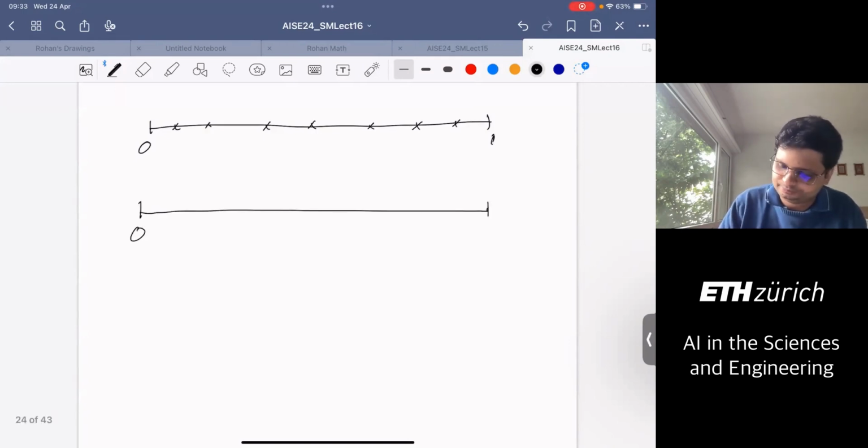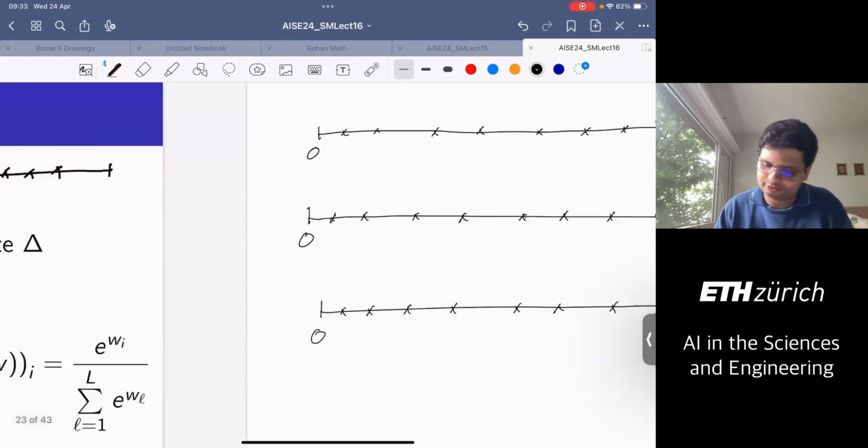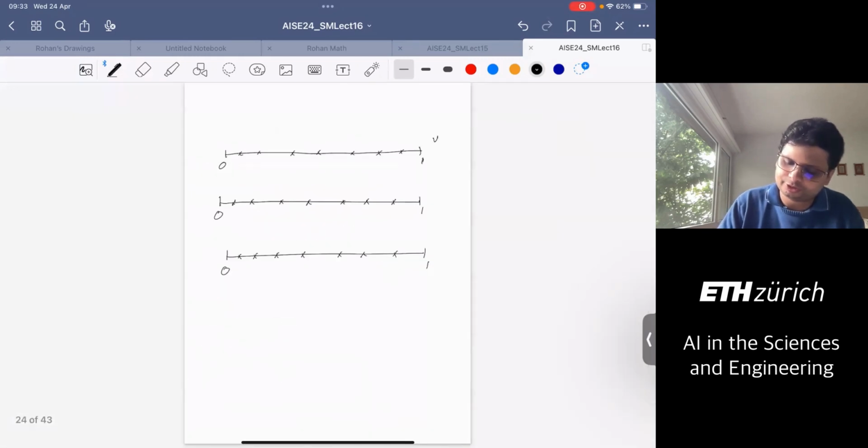Okay, I don't know how to copy it, because I think there is a function by which I can copy this thing. It takes me longer to copy than to write. Okay, so this is your input V, right? So your input is here. These are called VK. So this is XK, VK is sitting here.